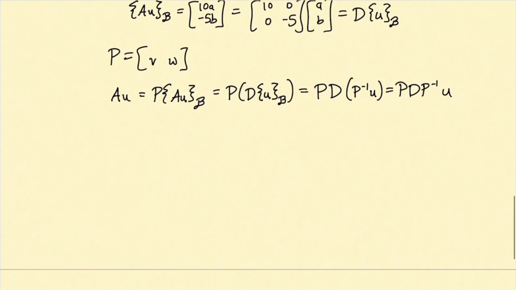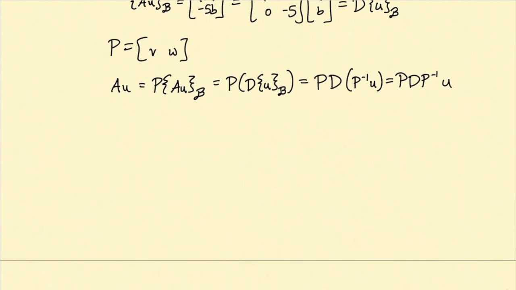So if we recall exercise 3 from the invertibility and bases 3 homework, this tells us that our matrix A is similar to the diagonal matrix D.